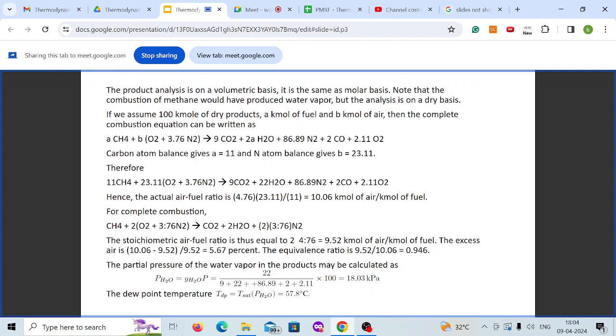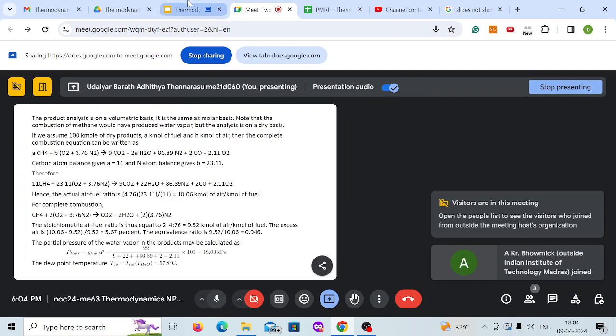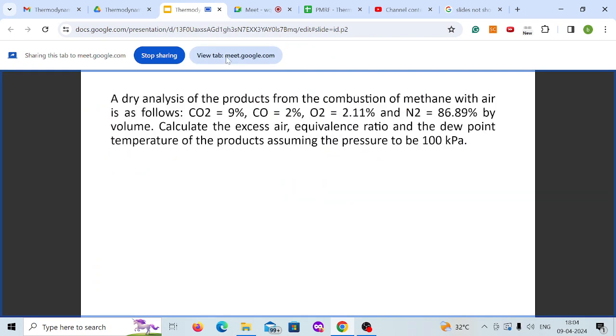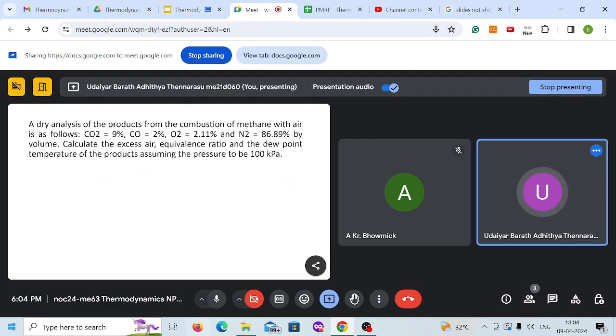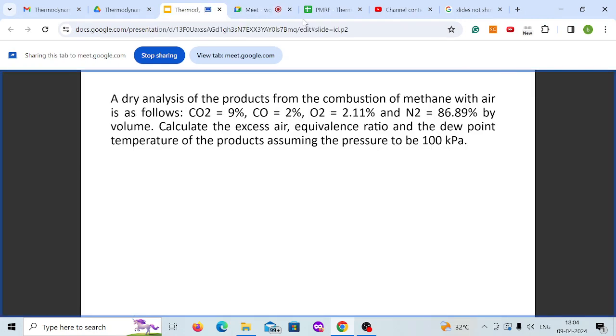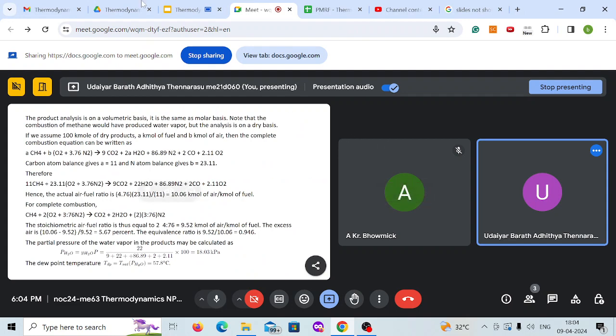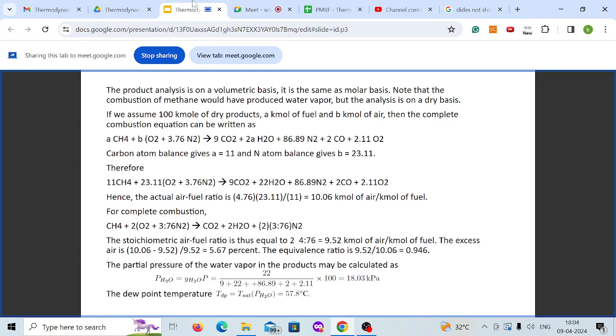So we can take volume fraction as equal to mole fraction. Then we can neglect water vapor, because this is a dry analysis, so there is no water vapor here. So if you assume 100 kilomoles of dry products.